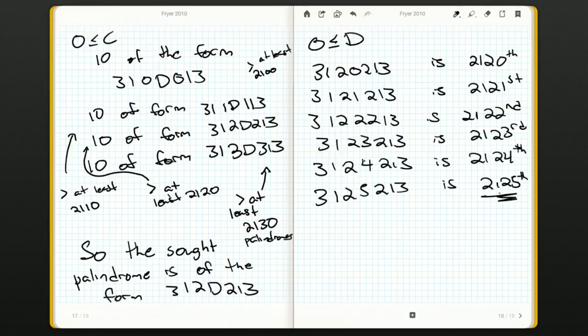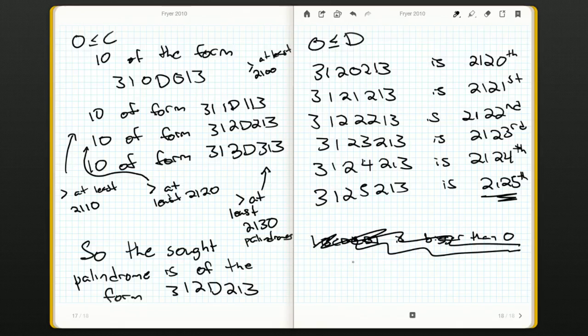I think this should be the right answer, but now I'm thinking back to what I saw before. So 1BCDCB1 is automatically bigger than 0 of them. That doesn't make it the 0th palindrome, so we're off by 1.